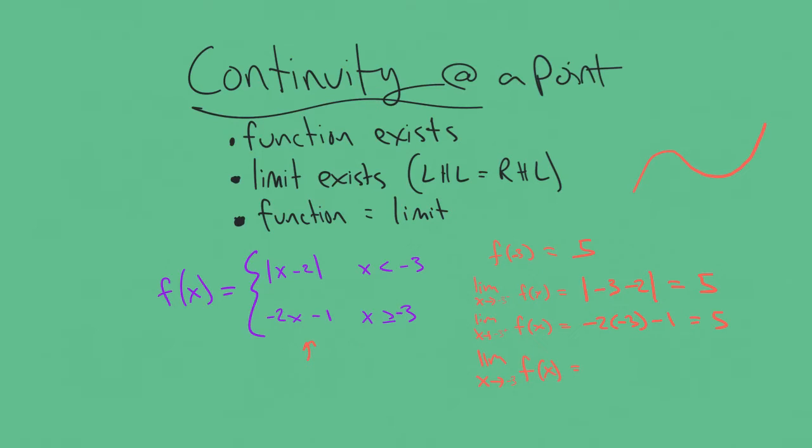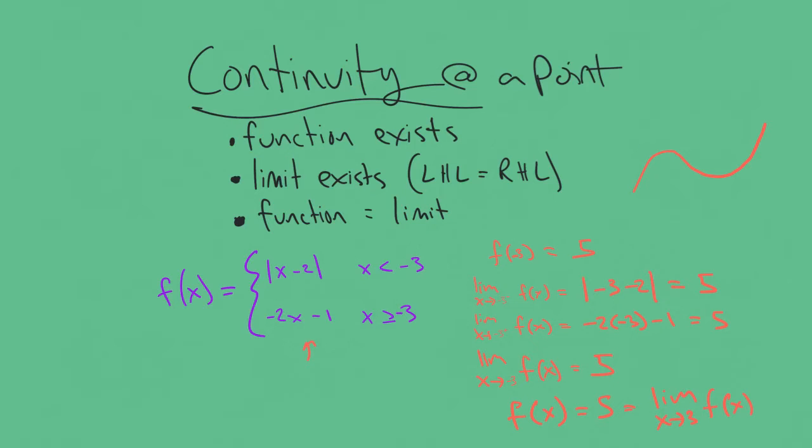So because the left-hand limit equals the right-hand limit, we know that the two-sided limit as x approaches -3 of f of x is 5. And so I can say that yes, this is continuous because f of -3 equals 5, which equals the limit as x approaches -3 of f of x.